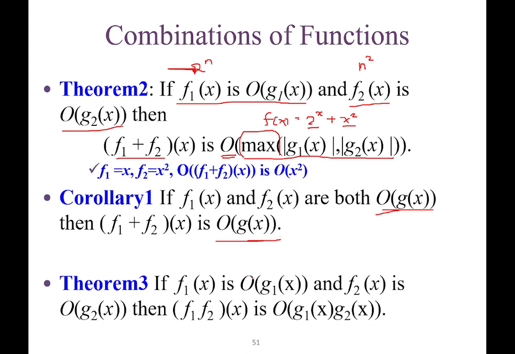Theorem 3 tells us if we use multiplication to combine these two functions, f1 and f2, which are big O of g1 and g2, then the combination of the functions will be big O of g1 of x times g2 of x. Okay, remember this theorem because it helps us a lot to identify the growth of different functions.